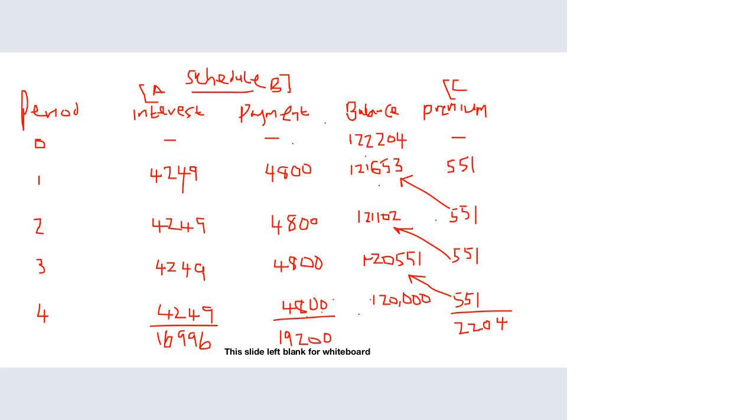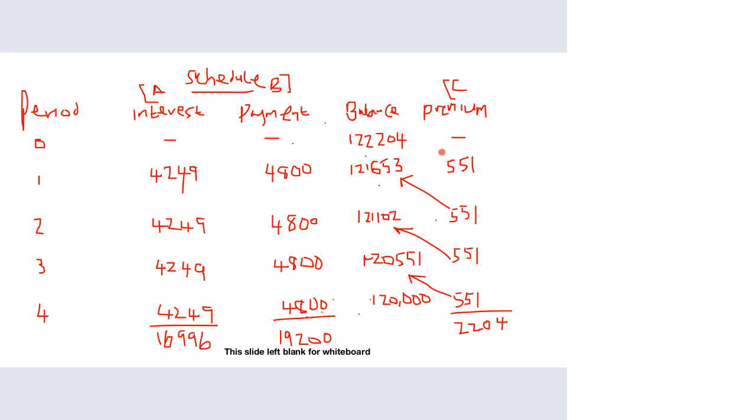And you will note that the table starts with the book value of the bond, which is the par value, plus the premium on the bond, the 2,204. That is what equals 122,204. So it starts with the book value plus the premium on the bond.